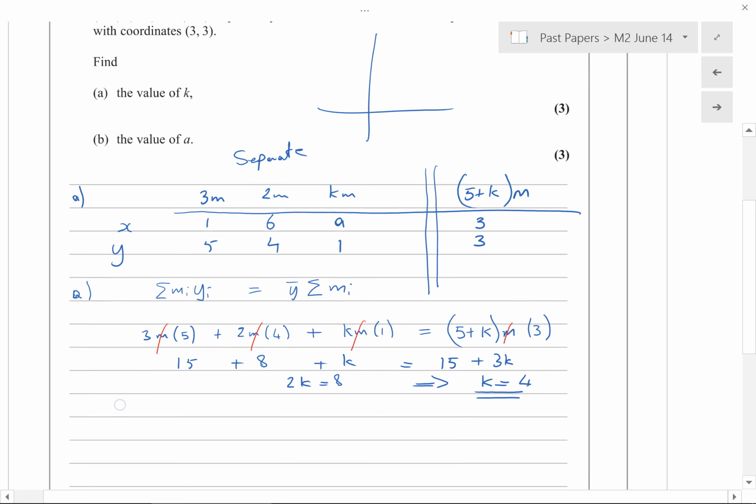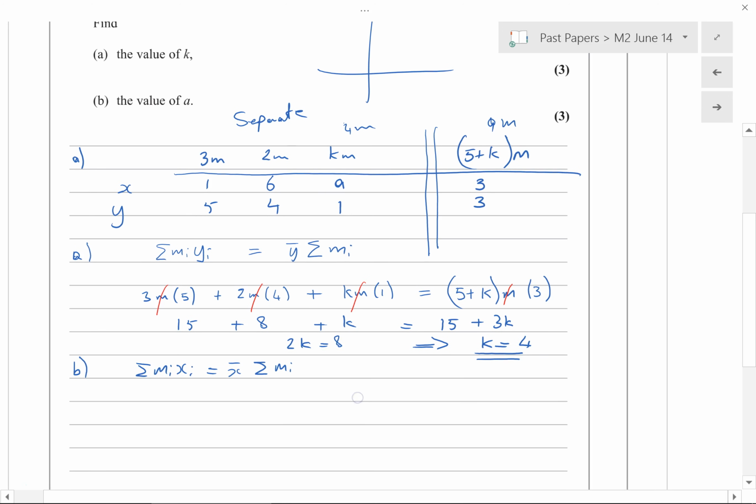Okay, and now I know k is 4. I know that this is 4m here, and I know that this is 9m here. So I can take moments again. So use sigma mi xi equals x bar sigma mi. So again, this times this plus this times this plus this times this equals this times this.